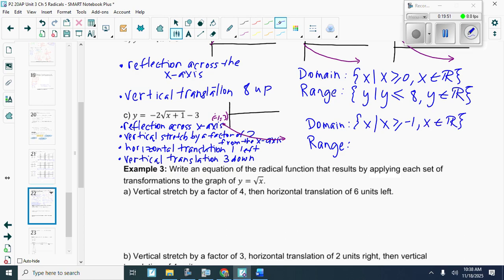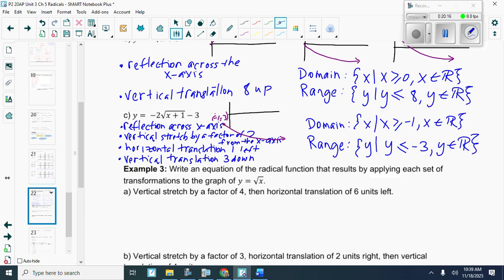And my range is affected by my vertical translation. Because there's a reflection, instead of usually having to be greater than, we end up having to say less than: y such that y has to be less than or equal to -3.